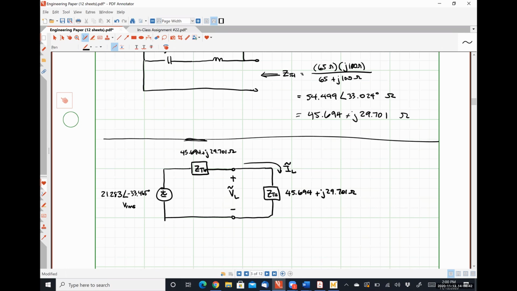So which one do you want to do? Which of those two quantities do you want to solve for? Or if it's both, how do you suggest we go about solving for either of those quantities? Okay, let's do VL. How are we going to do it?